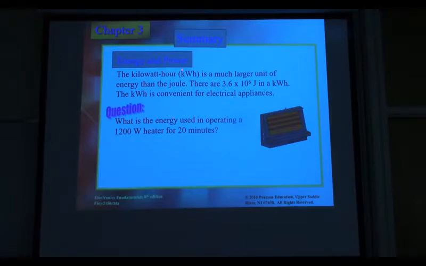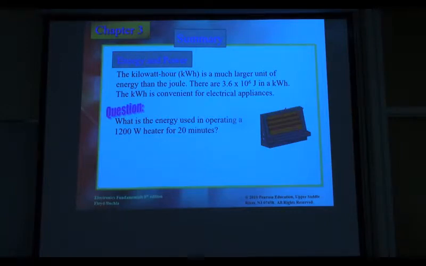So instead, we are going to use the kilowatt hour. The power equals 1.2 kilowatts. The time is in hours, but we are given minutes, so 20 minutes equals 1/3 of an hour, right? So 1.2 times 1/3, which gives us 0.4 kilowatt hour.